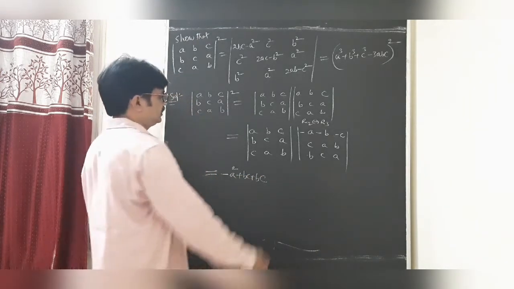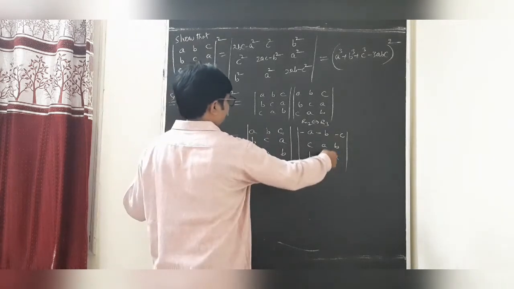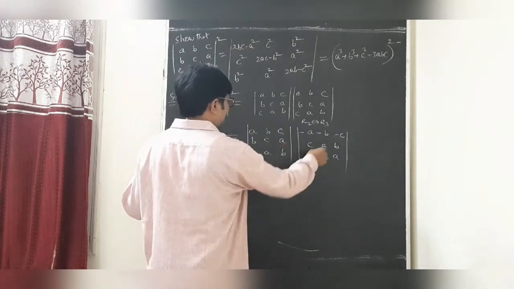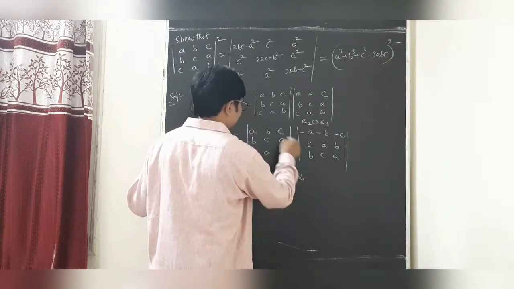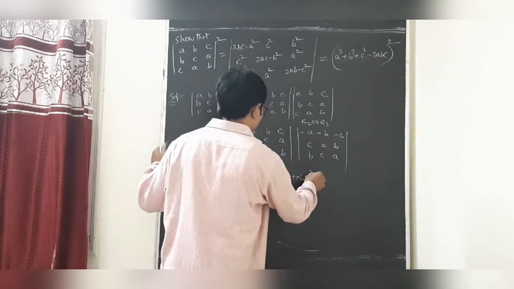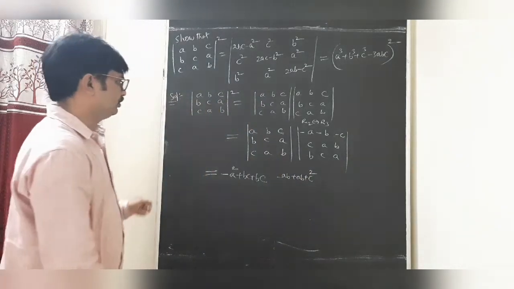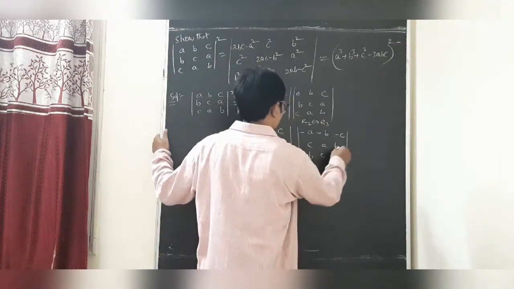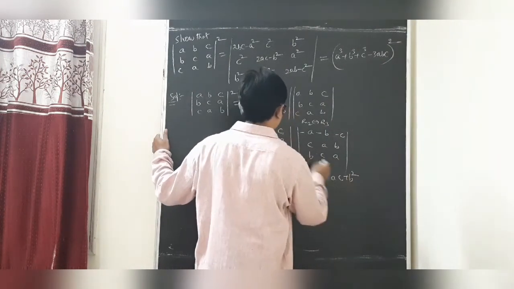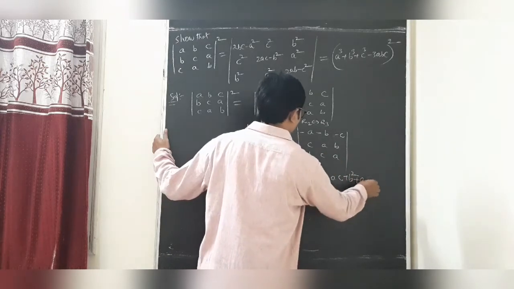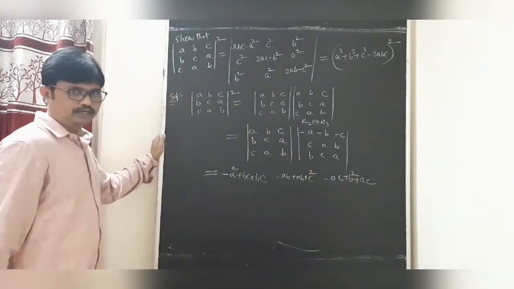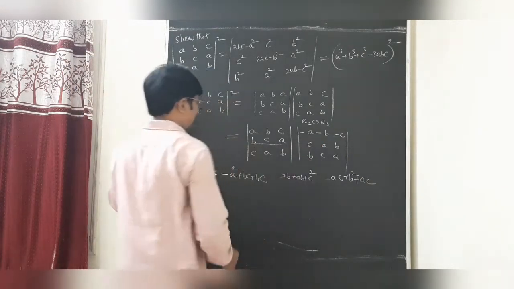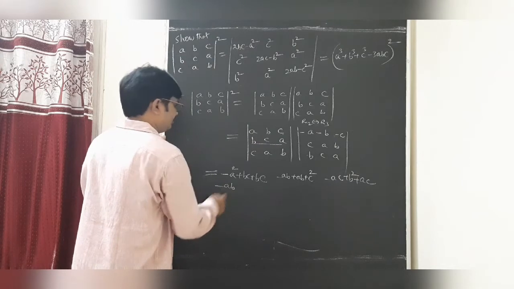After that, the first row is multiplied with the second column: minus AB plus AB, C into C is C square, minus AC, then B square, then AC. Now we have to multiply with this: minus AB.